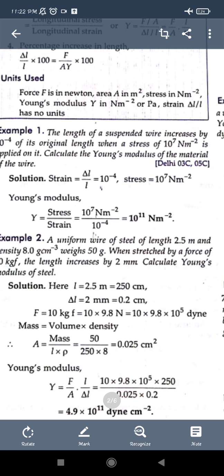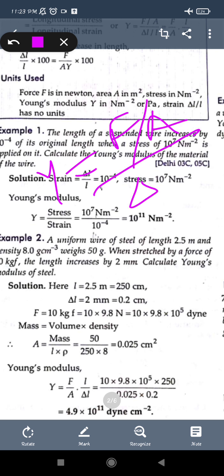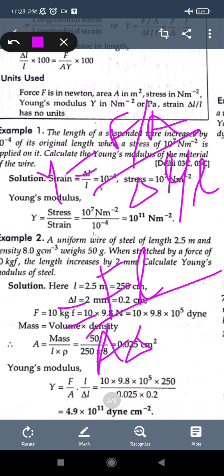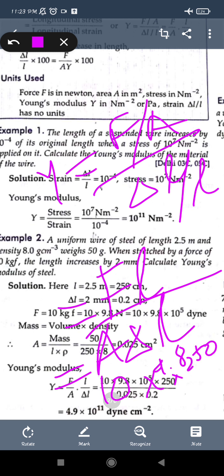Now we have to find out the Young's modulus, right? So Young's modulus Y is equal to force upon area upon del L upon L. So we already know this will become F into L upon A into del L. So F into L is the force applied, 10 kg, that means 10 into 9.8, into L. Now it is the original length only, no del is there, so it will be 250.